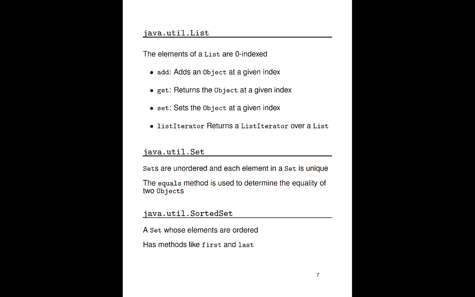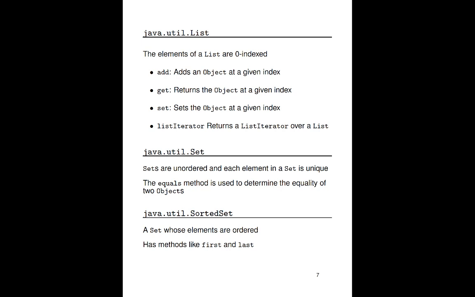The way a set determines whether or not it already contains an object is that it uses the equals method. Recall that every object in Java inherits an equals method from java.lang.Object. So the set can invoke the equals method to say, as I'm looking to see if I already contain this other object, I'll just check whether it equals the object that I already contain. So this is where you use things like the equals method, in the set class.